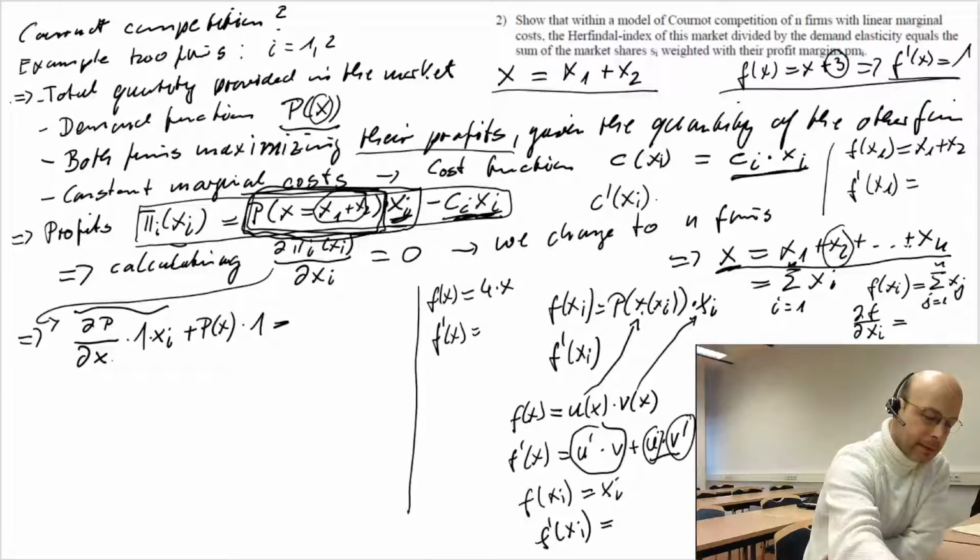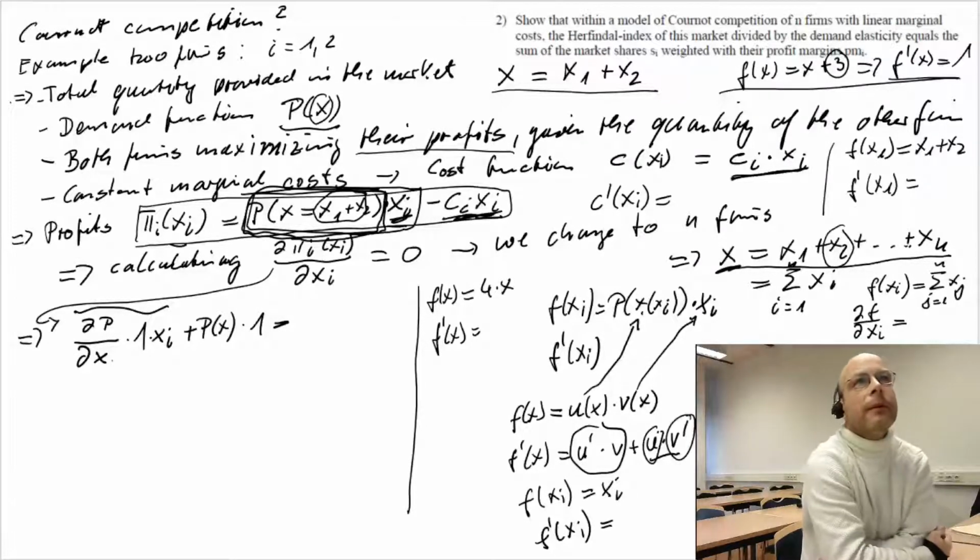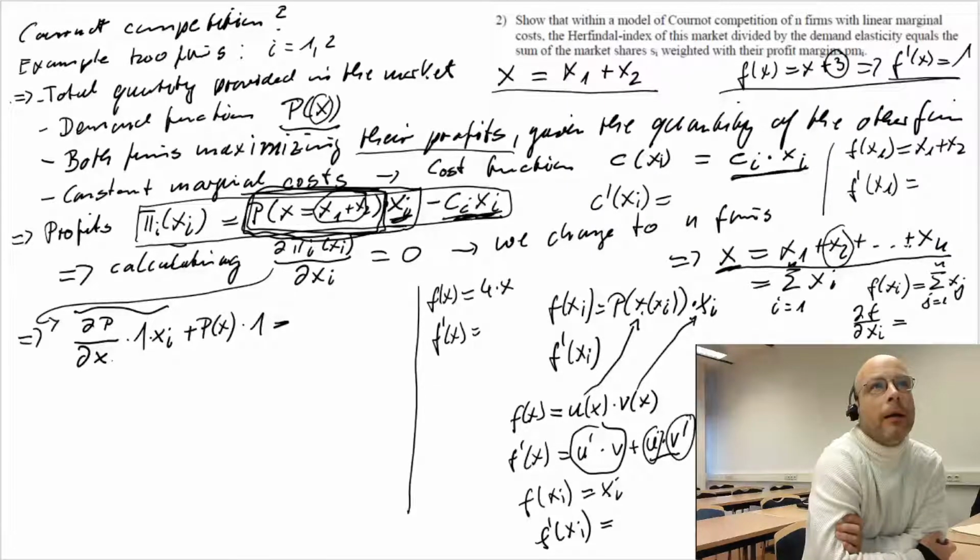And then for c prime, just think that ci is just a constant and xi is your variable x. What is then left when you're calculating the derivative?